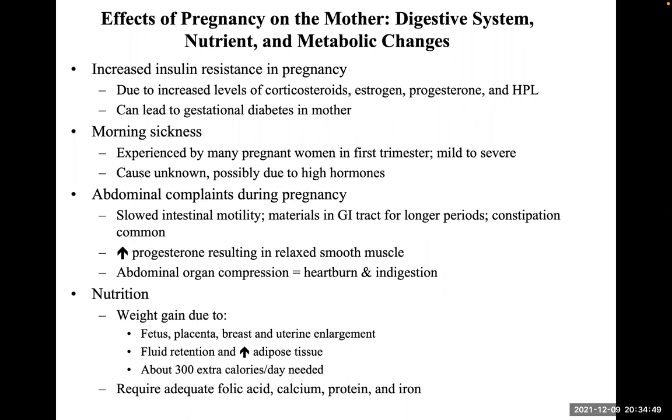I'm particularly referencing folic acid, but there are congenital defects associated with not having enough folic acid that are typically related to nervous system development.